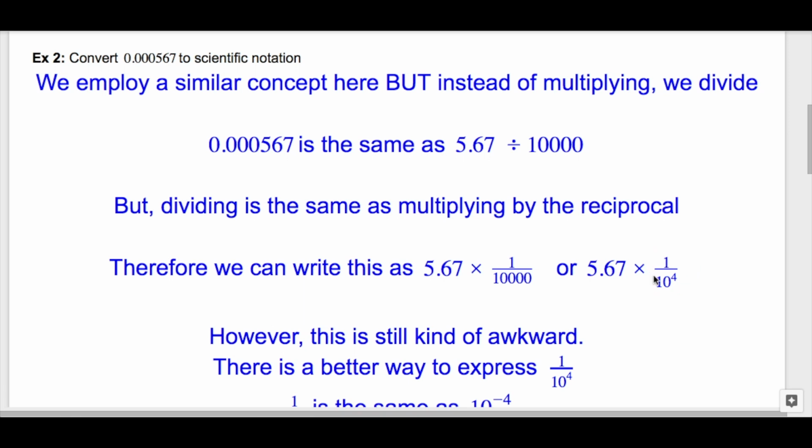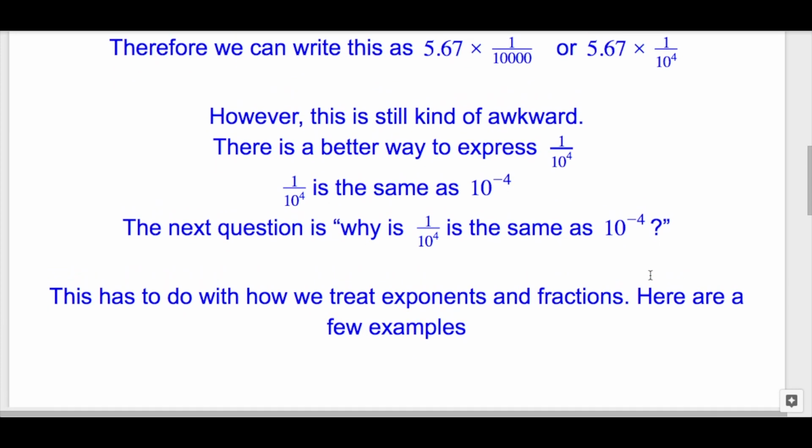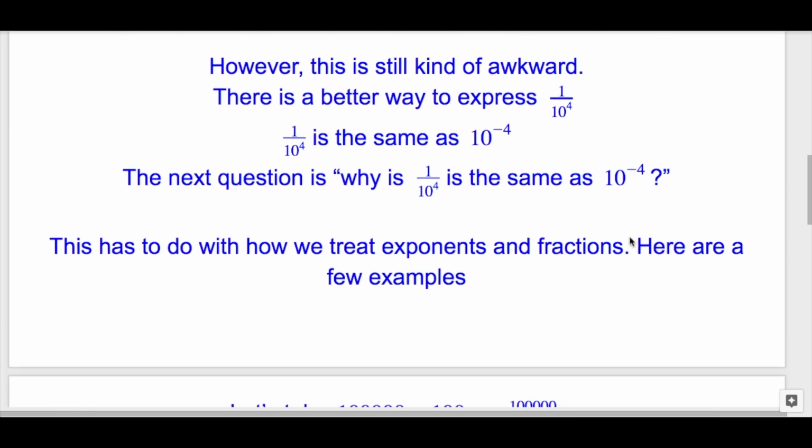But that notation right here is a bit awkward. It's difficult to write and it's not the standard form. So what we need to do is express this in a more compact version in scientific notation. But before we do that, we have to explain how we can convert that into a proper notation.